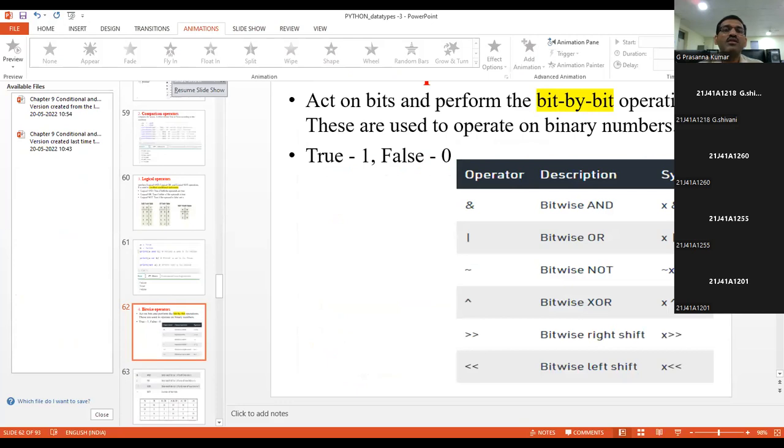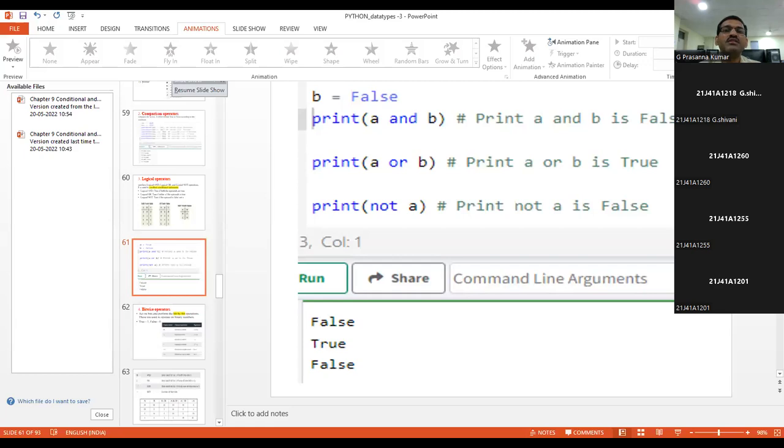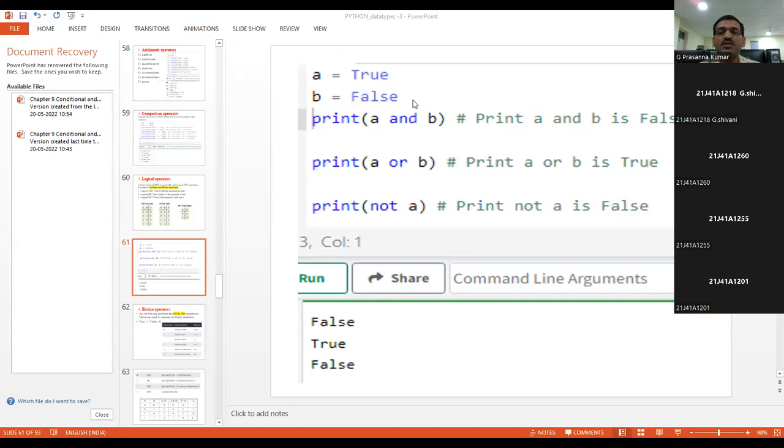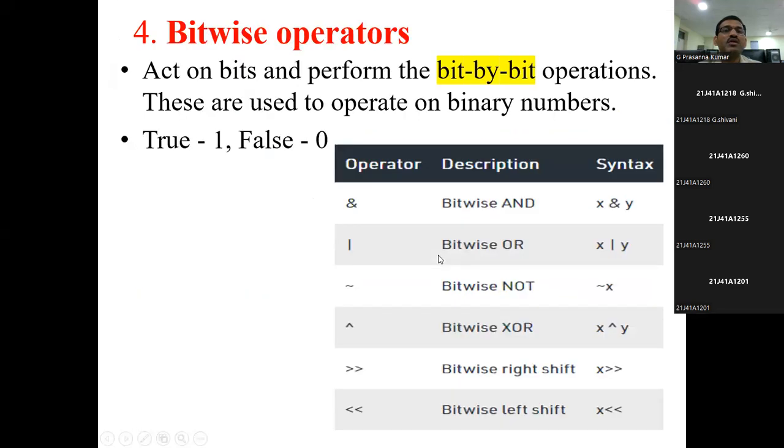Okay, next is the bitwise operators. Bitwise, that is the symbols and, or, not, XOR. Here there are two operators, shift right and shift left operation. It is the bitwise operator, acts on bits and performs the bit by bit operation.